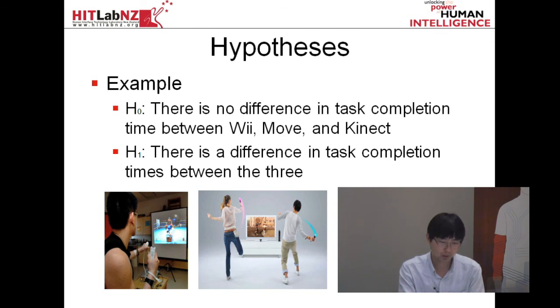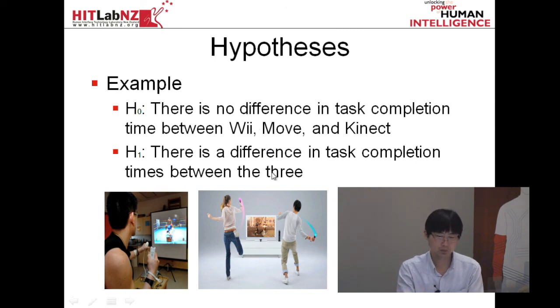So for example, if you are going to compare three interfaces, TV, Move, and Kinect, in a pointing task, and you want to check if the three interfaces have different task completion times, say you have invented Kinect and want to highlight its good points, then the alternative hypothesis you might formulate will be there is a difference in task completion time between the three: TV, Kinect, and Move. And then the null hypothesis, which is the opposite of it, should be there is no difference between them.